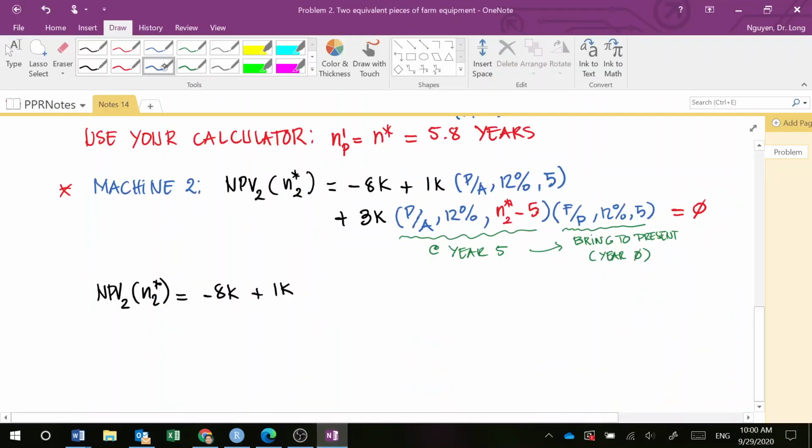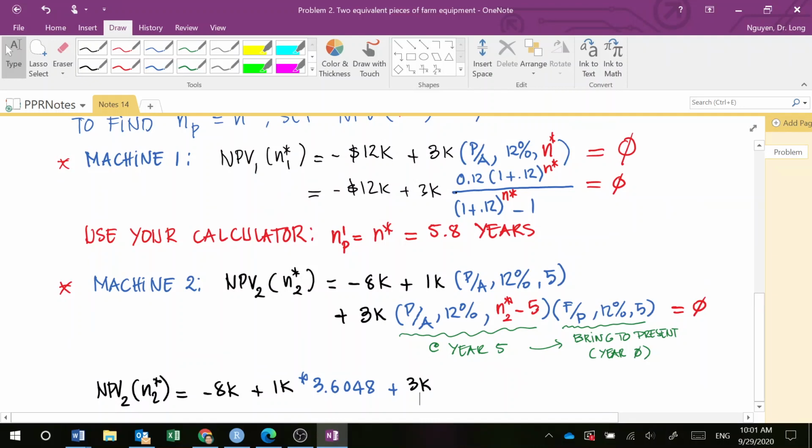So we have that is 3.6048 plus 3K, and that factor now we can plug in with the P over A, something similar to the equation here.